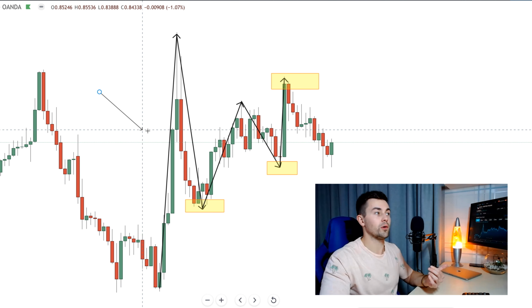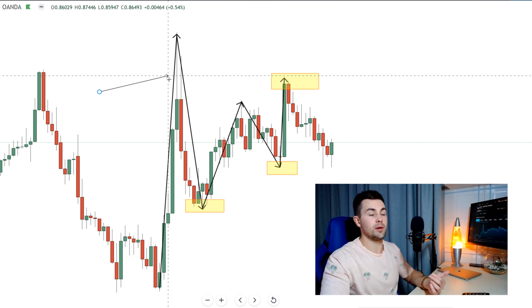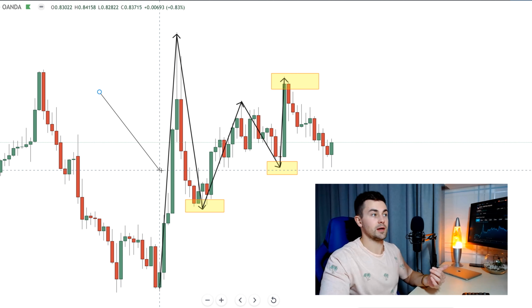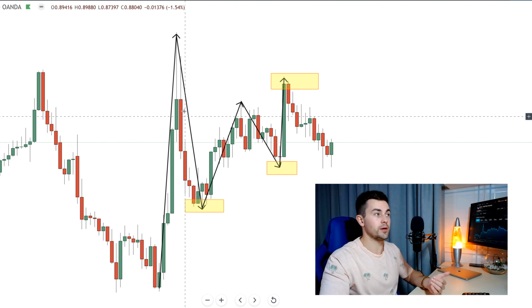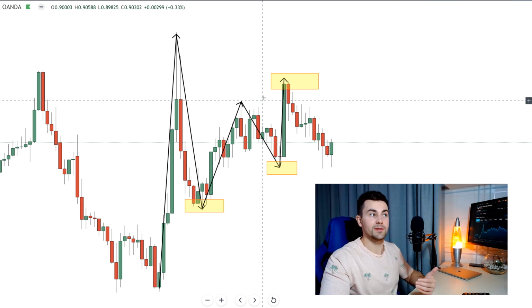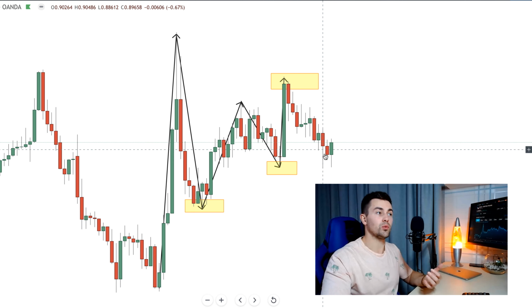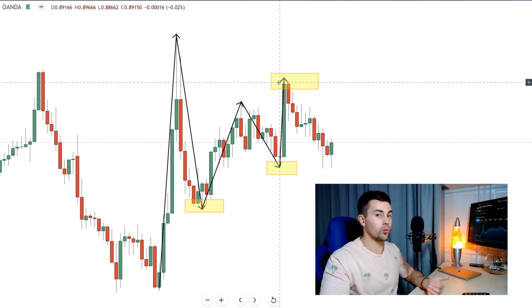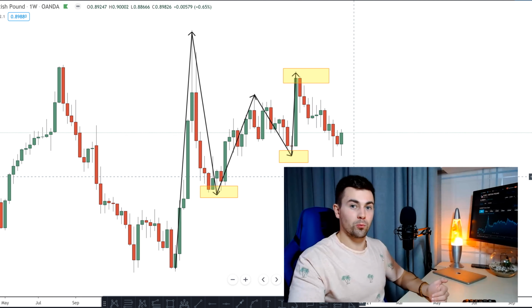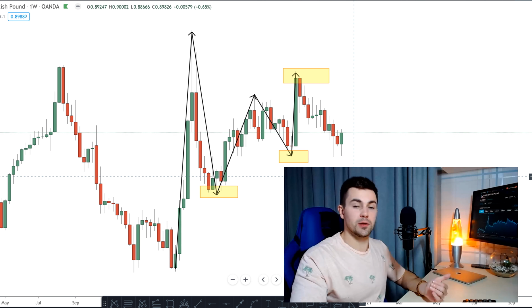Because right now the market is trading within this major bullish impulse, yes? And moreover, within this major bullish impulse, we have the sequence of high highs and high lows. So you can see that for now, bulls are willing to push, and we can clearly see that the market is bullish. Based on our price action analysis, the next step that we need to execute is the structure analysis.